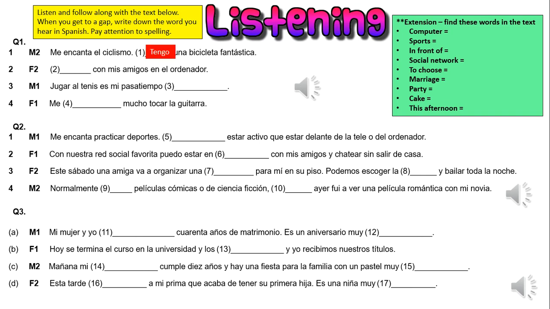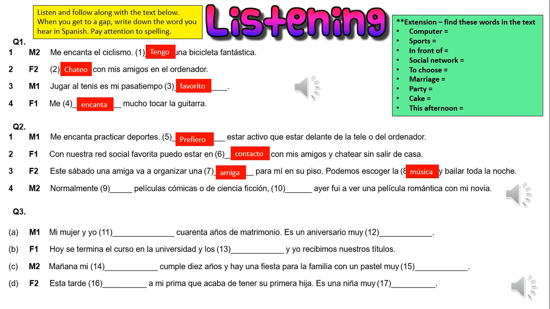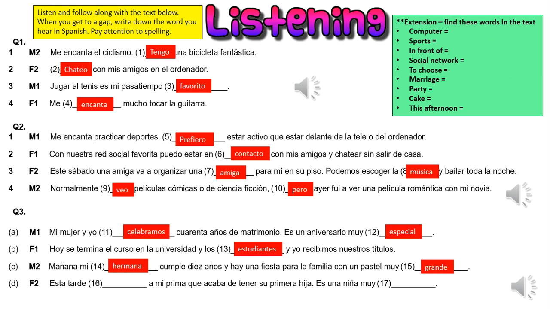You should have 1, tengo, 2, chateo, 3, favorito, 4, encanta, me encanta, 5, prefiero, 6, contacto, 7, amiga, 8, música, 9, veo, 10, perro, 11, celebramos, 12, especial, 13, estudiantes, 14, hermana, 15, grande, 16, visito, 17, bonita.